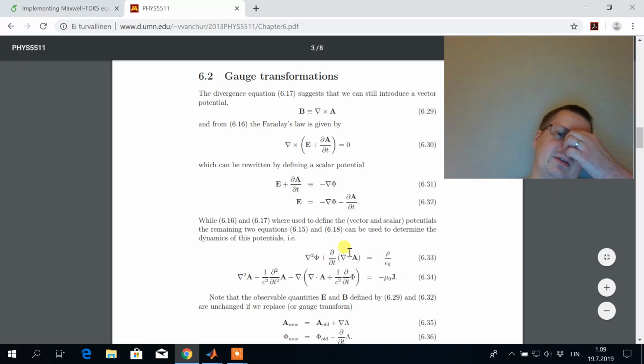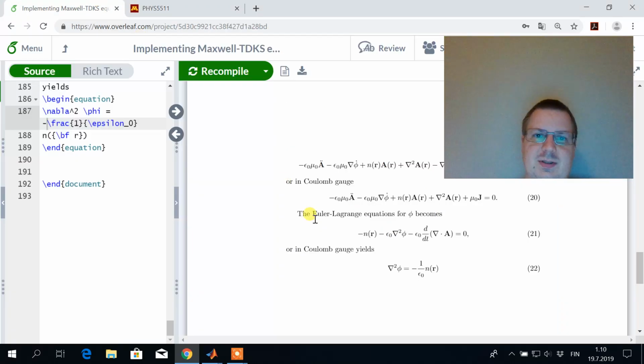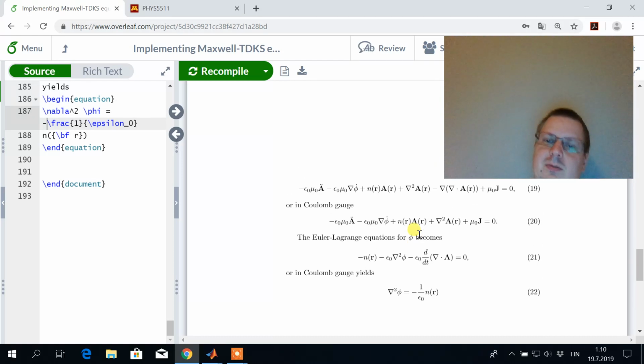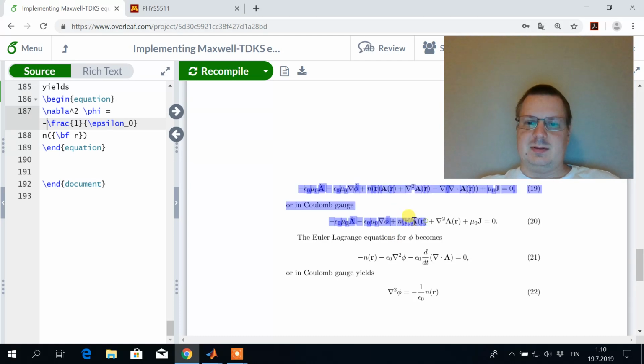Okay, now I think I have exactly the right equations, except for this one, which I'm not so sure about.